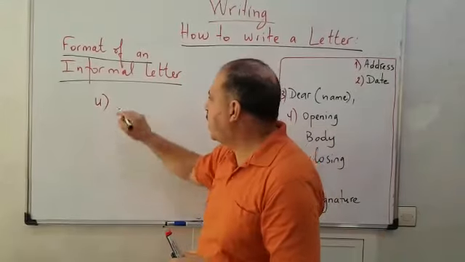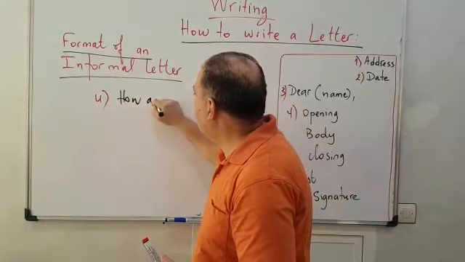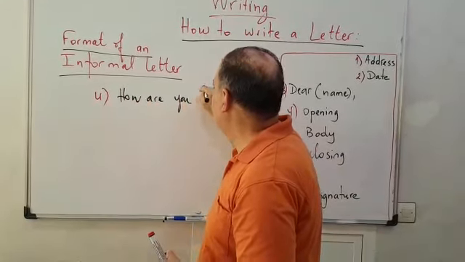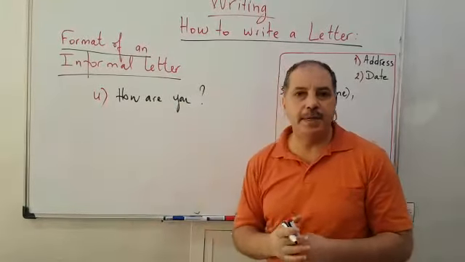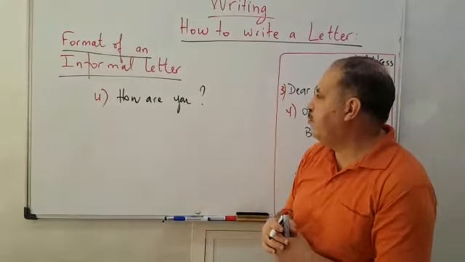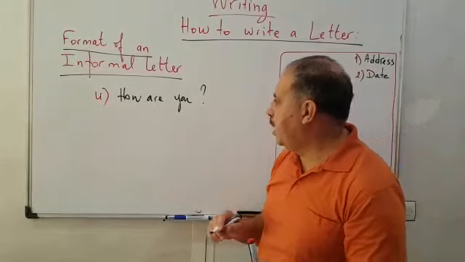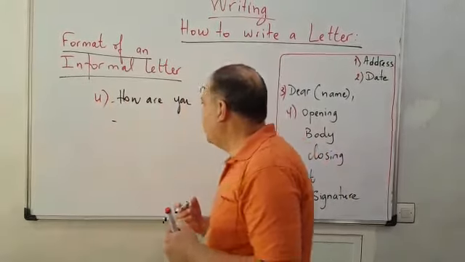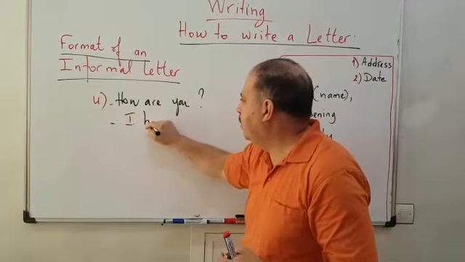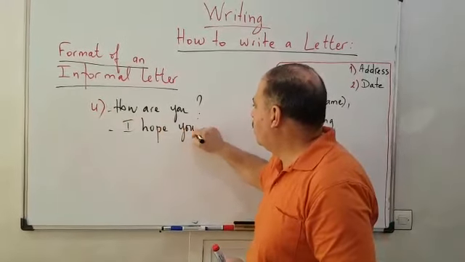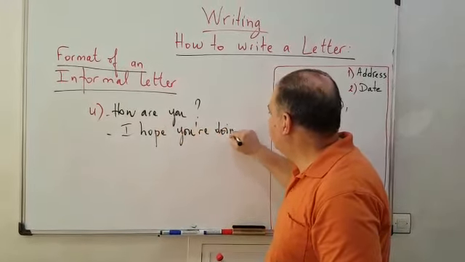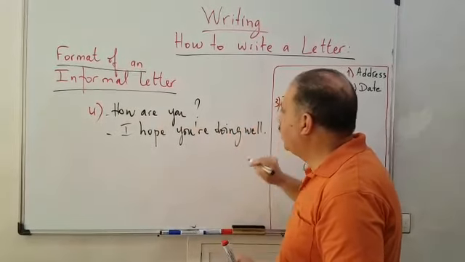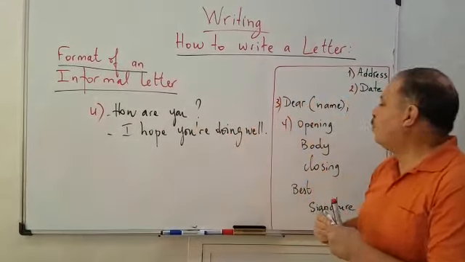For example, you can say, how are you? That's an opening paragraph of the informal letter. You can say also, I hope you're doing well, for example, and so on. Okay, this is for number 4.